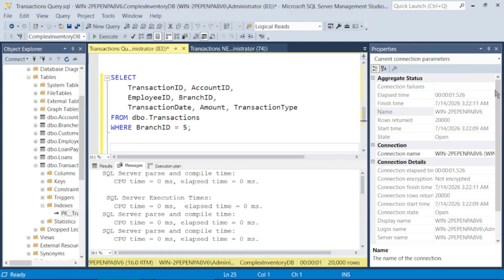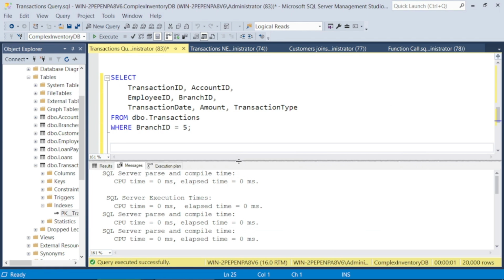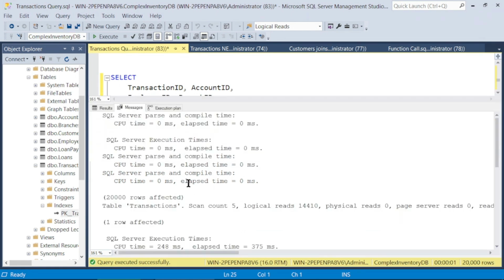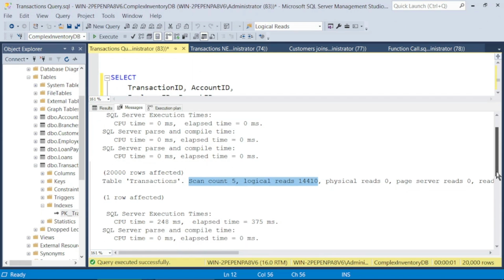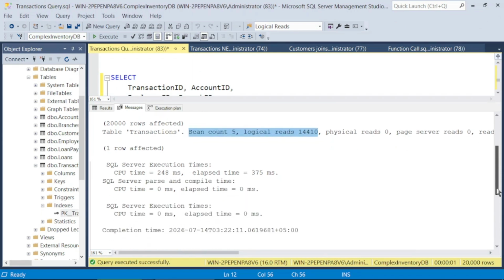Factor number 10, statistics IO and statistics time. Now let's switch to the messages tab. Statistics IO shows the logical reads. Logical reads represent how many data pages SQL Server had to read. In most cases, fewer logical reads mean a more efficient query.